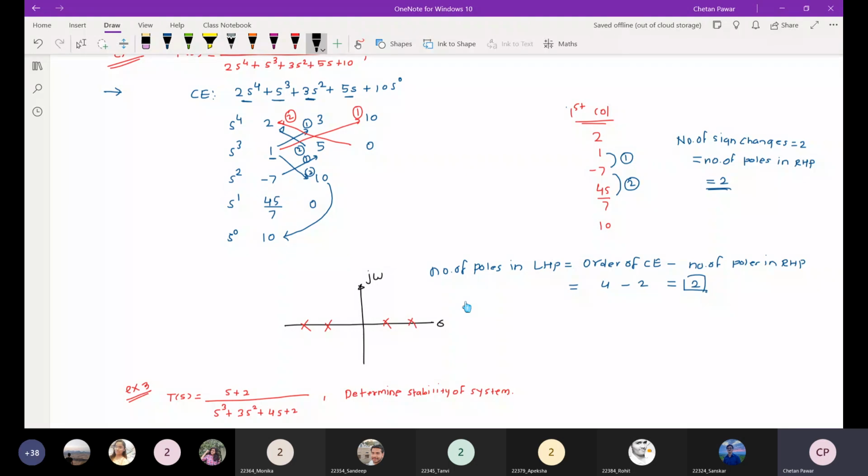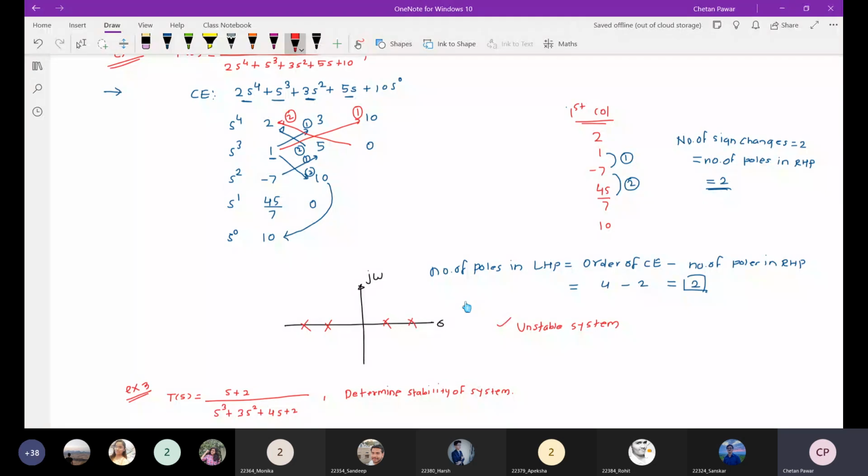So can you tell me, is this a stable system or unstable system? Unstable. Yes, because for an unstable system, at least one pole in RHP should be there. So this is an unstable system.